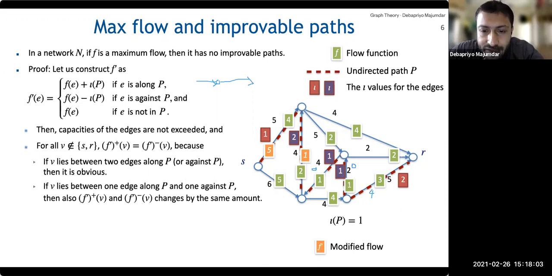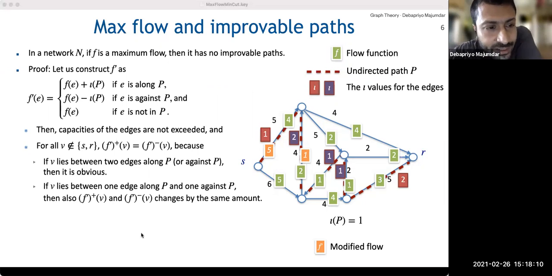So essentially what is happening is our f prime also satisfies all the conditions of being a flow. The two conditions are being within the capacity and incoming equal to outgoing other than the source and the sink.